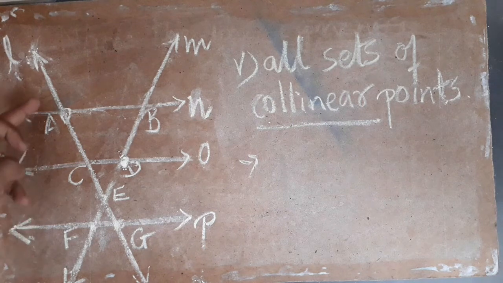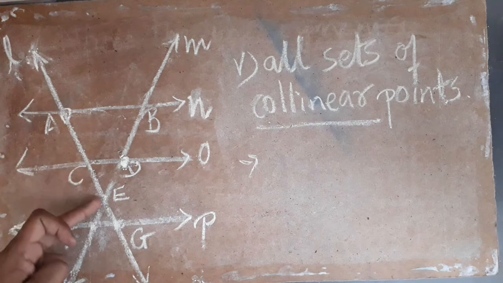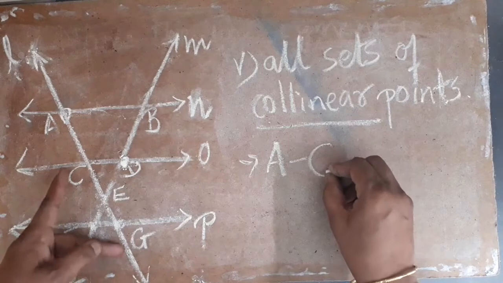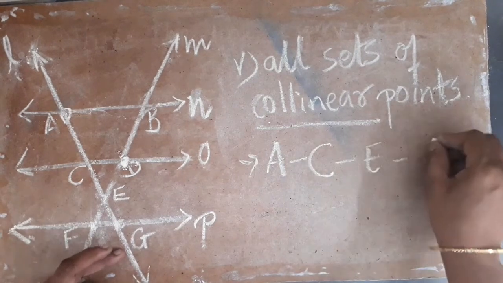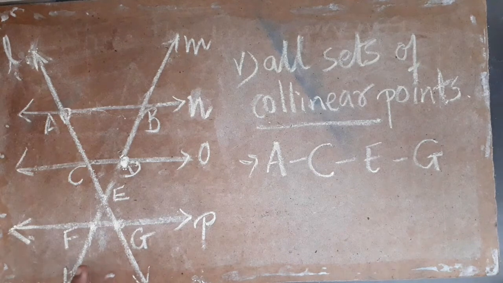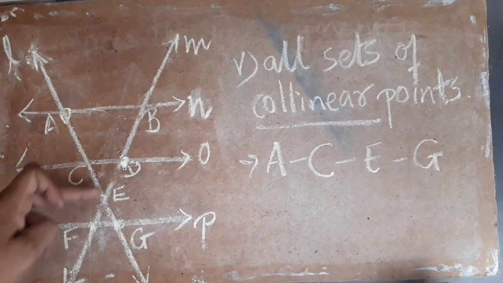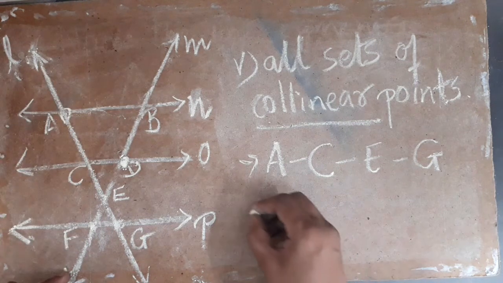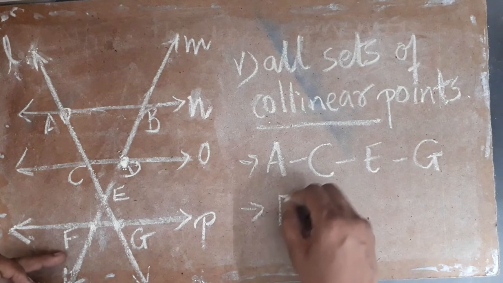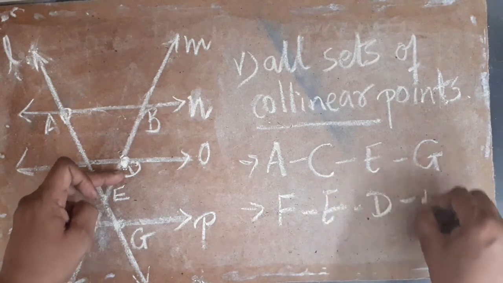So if I am talking about this line, then A, C, E and G, I can see that they are on the same line. So A, C, E, G, one set is this one. If I am talking about this line, then also I have more than 2 points on the same line. So the second set of collinear points, I can write as F, E, D, B.